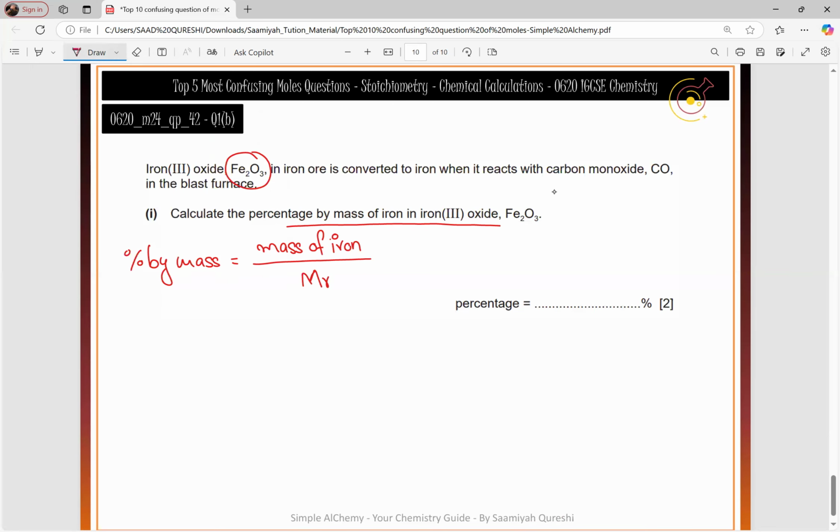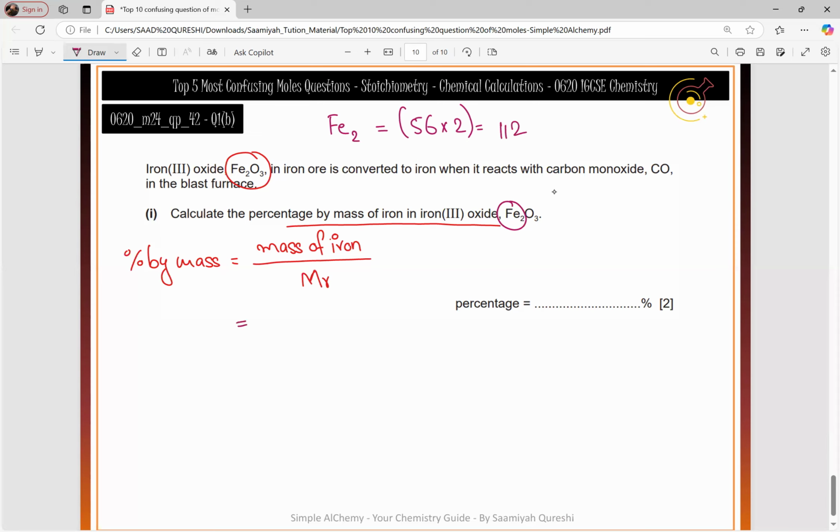Now let's find out. There are 2 atoms of Fe. So we'll see the atomic mass of iron. Atomic mass of iron is 55, or basically 56. So we'll multiply this 56 with 2, and the answer is 112.